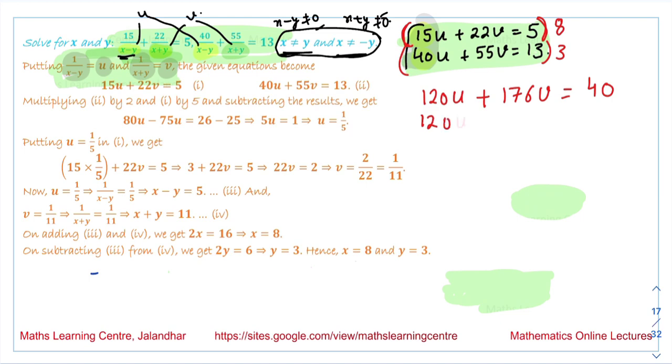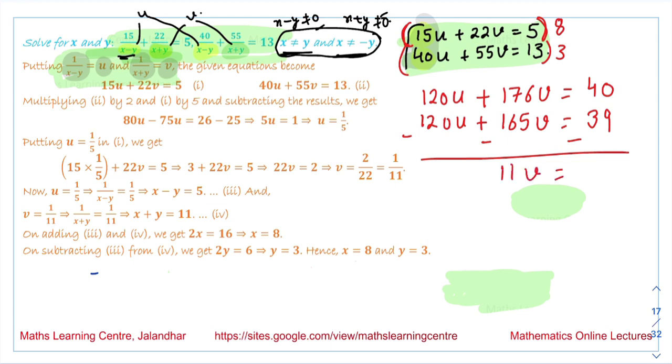Then 120u plus 55 into 3, that is 165v, equal to 39. Now when we subtract these two equations, we get 176 minus 165, that is 11v, equal to 1. So the value of v that we get is 1 by 11.